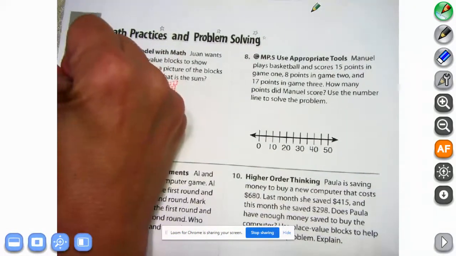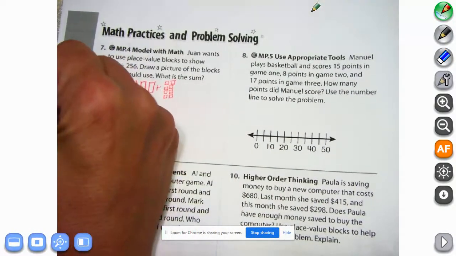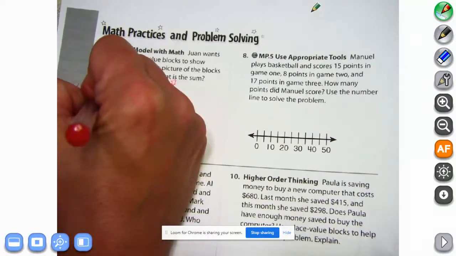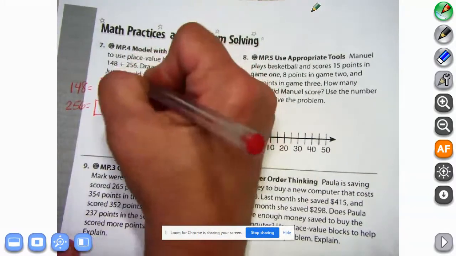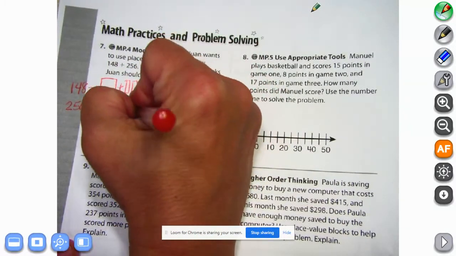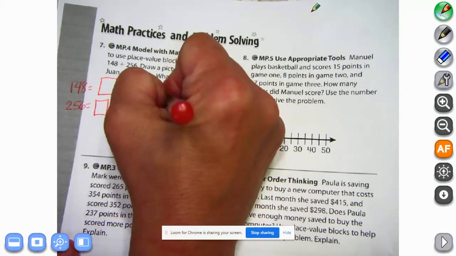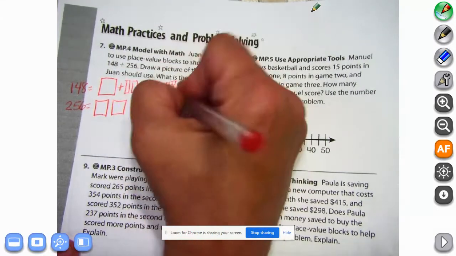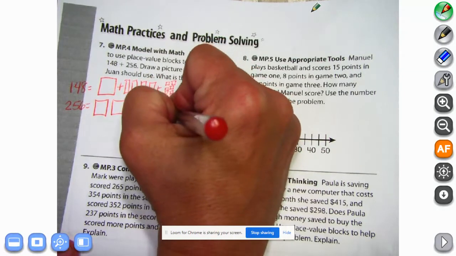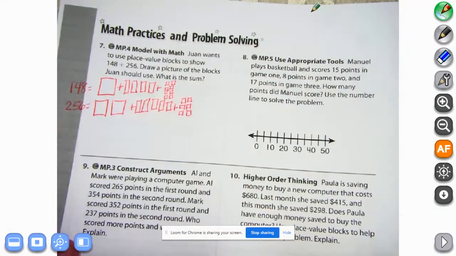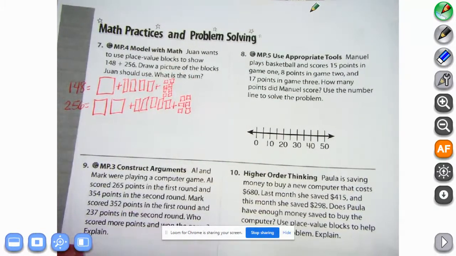So this is 148. 256 would look like 100 and 100 plus 10, 20, 30, 40, 50 plus 1, 2, 3, 4, 5, and 6. Okay. So those are our place value numbers.